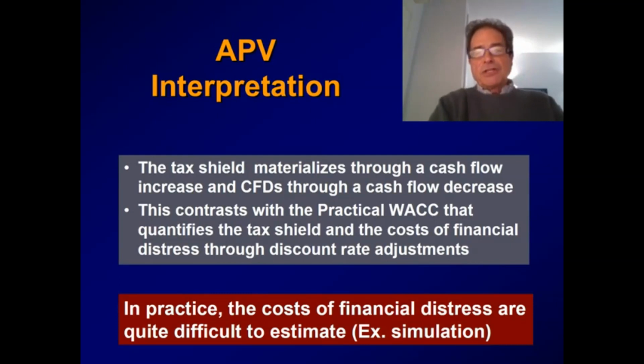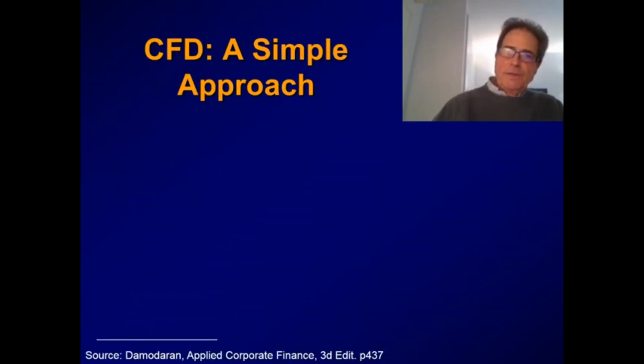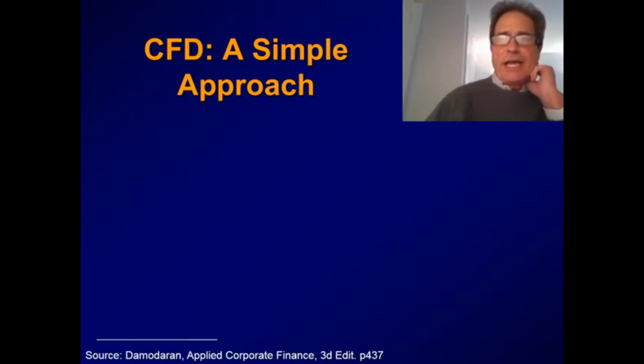However, the problem with adjusted present value is that the cost of financial distress is quite difficult to estimate as a cash flow. We would have to do some kind of Monte Carlo simulation or a similar method. Professor Damodaran from New York University proposes a very simple approach to calculate the cost of financial distress in the case of adjusted present value.